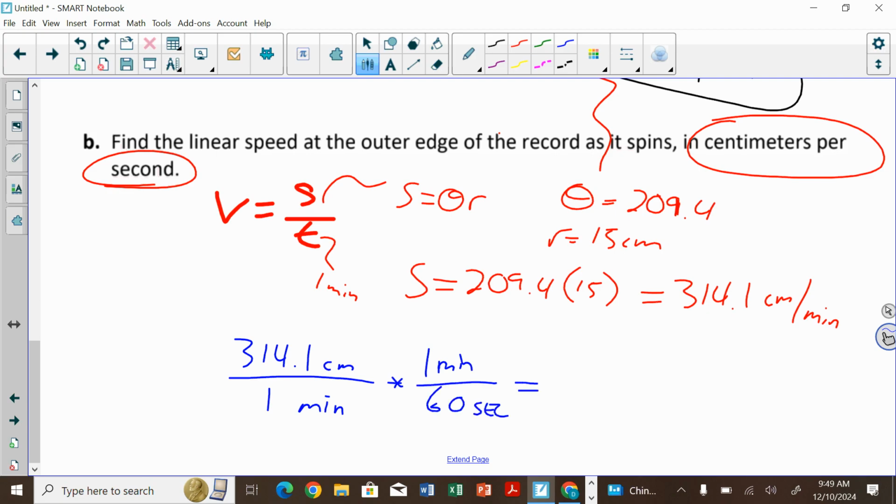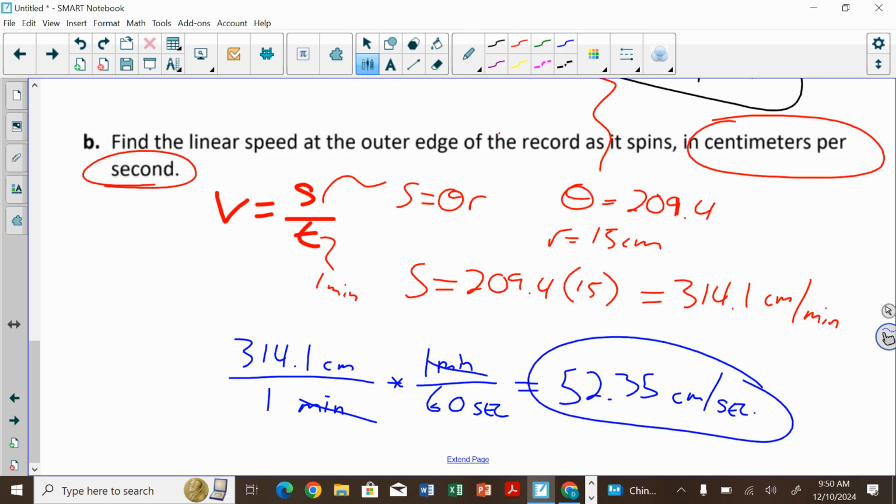Or if you knew, you could just divide by 60, and you're in good shape. So I could cancel here. I'm basically just taking 314.1 and dividing by 60 to get 52.35 centimeters per second. And on those ones, since there's only one simple conversion, you might just take this and divide it by 60 and get there, if you can do that in your head.